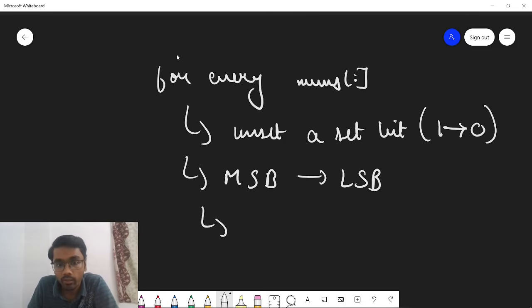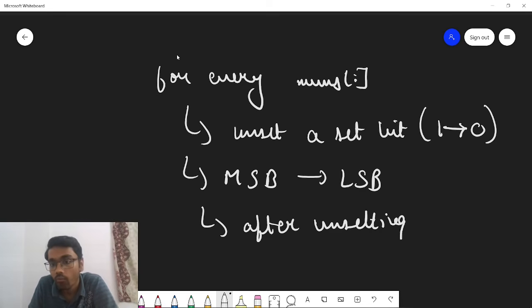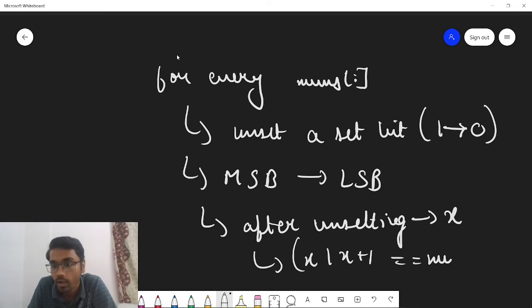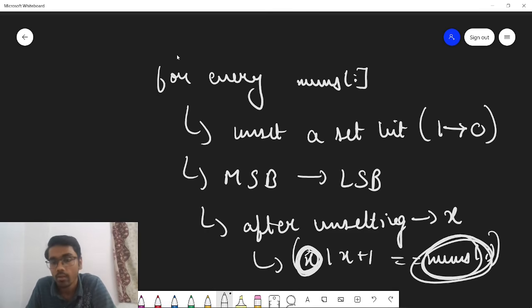After unsetting it, whatever value we get is nothing but x. Now if that x holds the condition x or x plus 1 equal to nums of i, that means this x is the minimum value possible for this particular nums of i. So this is what we are doing in this problem in the most optimal approach.